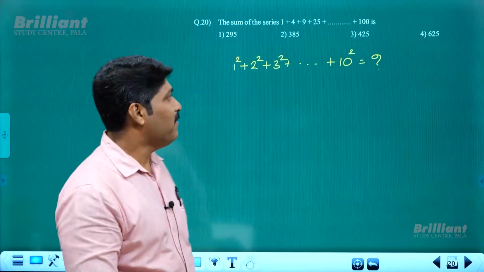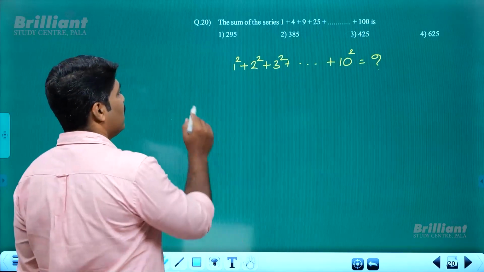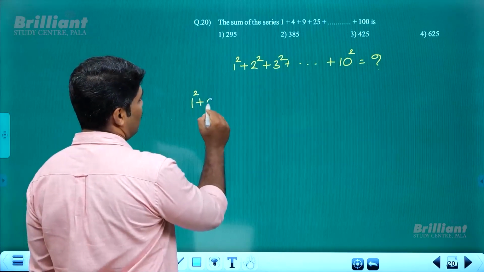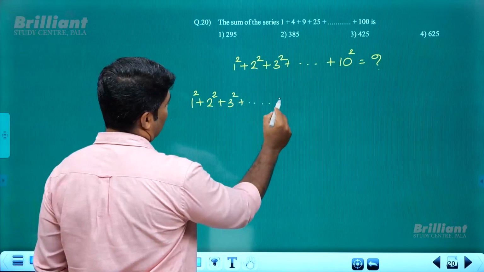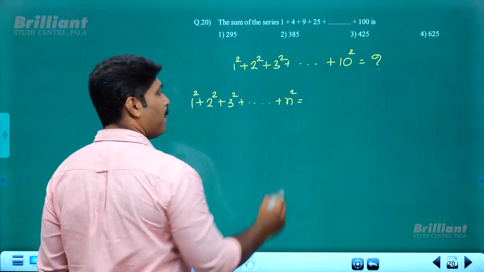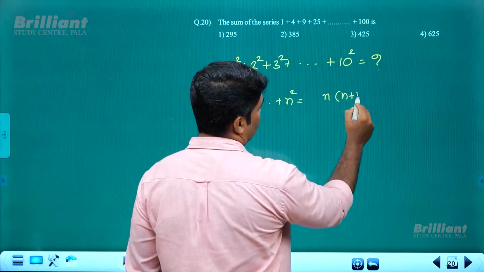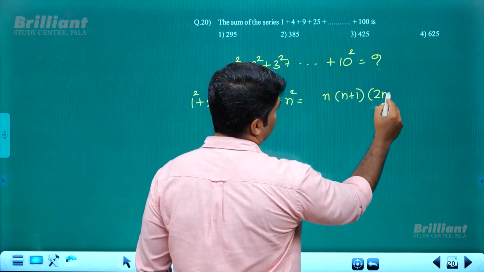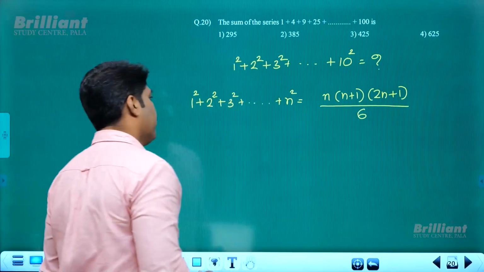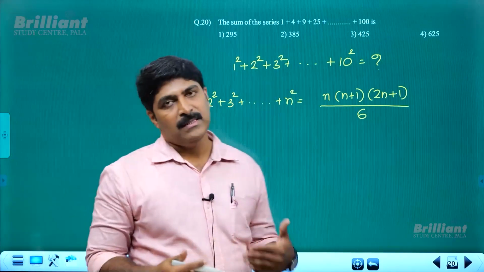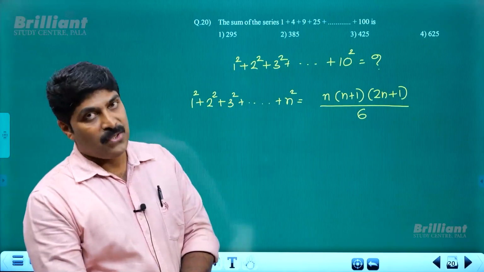Got it? Anyway, what is the way to find the sum of the first n natural squares? Here, 1 square, 2 square, 3 square, etc. up to n square. So the result is n into n plus 1 into 2n plus 1, whole divided by 6. Don't forget, in this set of questions we also learned the sum of the first n even natural numbers.